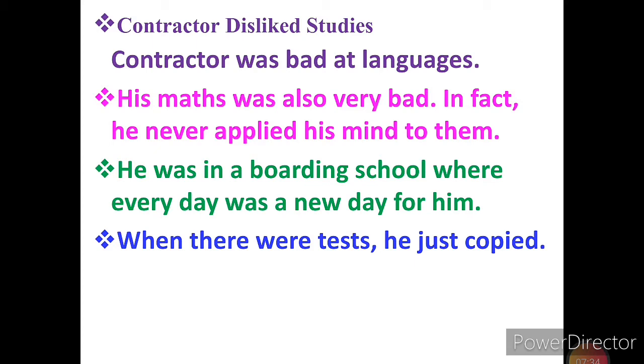He did not like maths. He did not like to concentrate or to apply his mind on mathematics. And every day it was a new day because he behaved like a new boy, with different indiscipline and complaints.